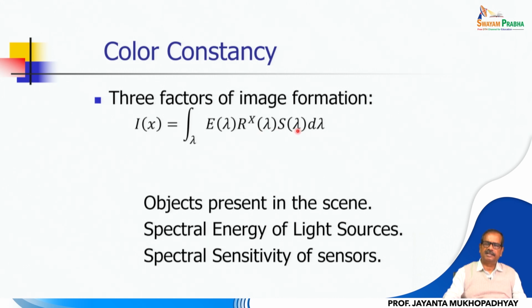This is the sensitivity of the receptor, and then the reflectance along that wavelength for the object point capital X, whose image point is small x. So, that reflectance value and also the light source spectral power at the wavelength lambda, and you consider the whole range of lambda of the light source, and if you integrate them, then you get the total energy that is accounted at the particular point x.